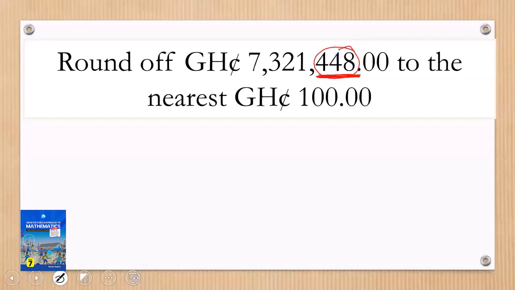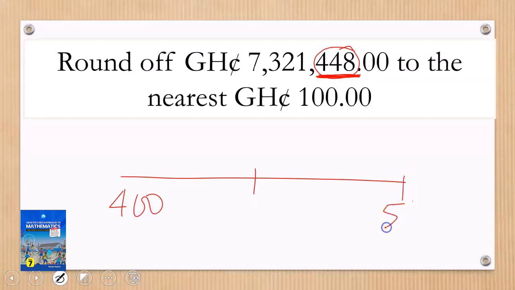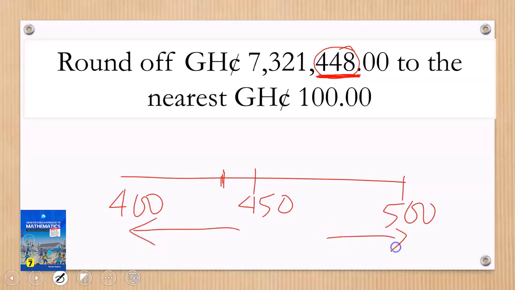We are going to round this number to the nearest 100. We know our hundreds go like this: 100, 200, 300, 400, 500, 600. So which of these hundreds is this number close to? If I draw a number line, and I have 400 here and 500 here, in between should be 450. So the number 448 will be somewhere here, which is closer to 400 than to 500.